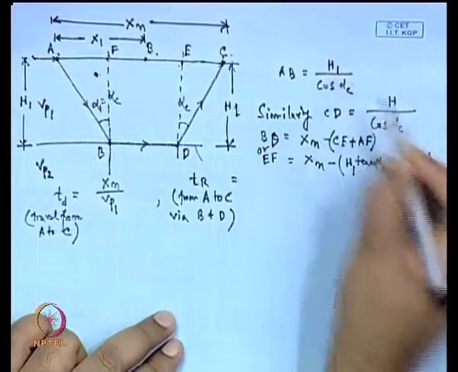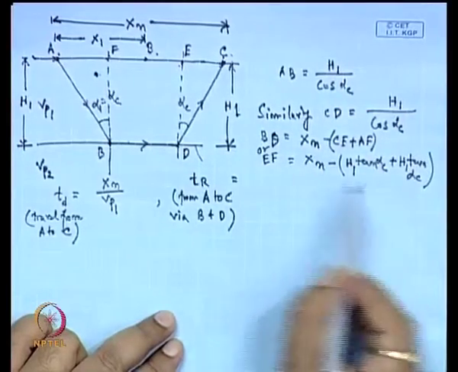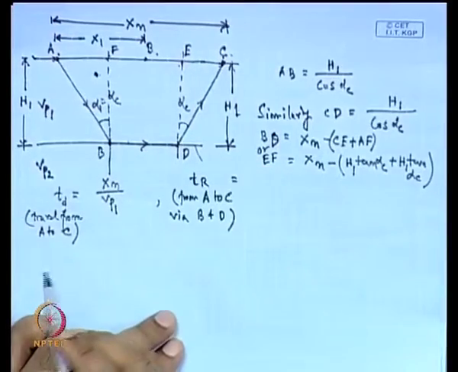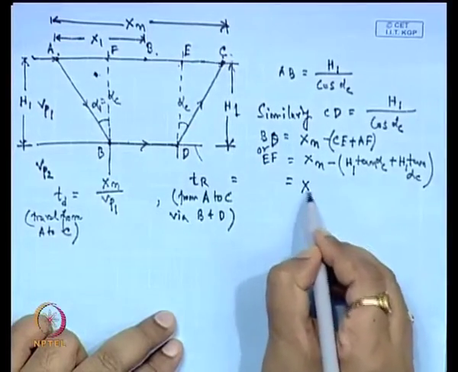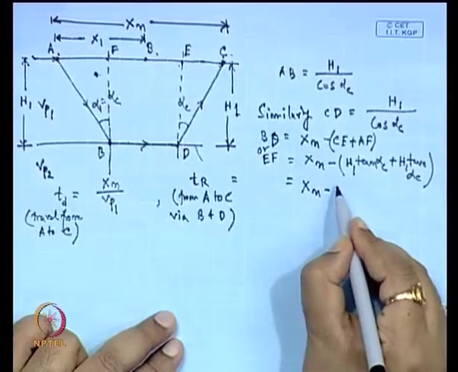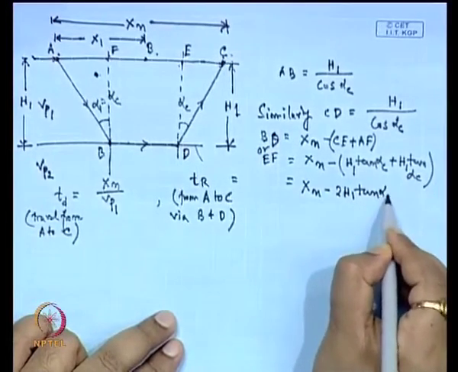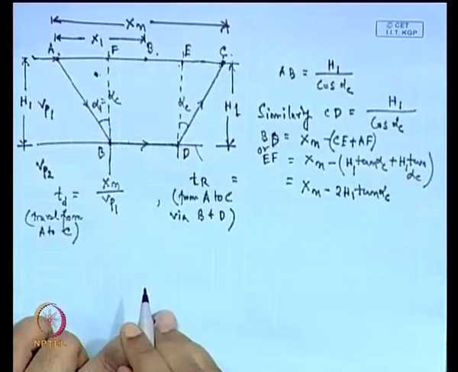So, ultimately we can write x n minus 2 h 1 tan alpha C.